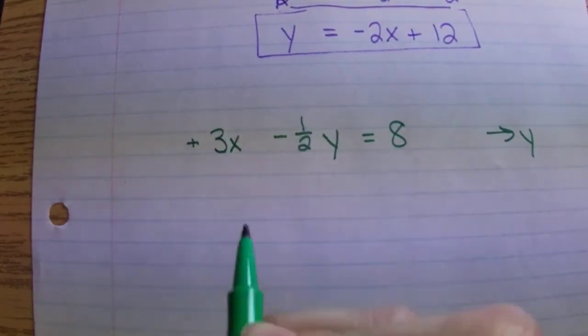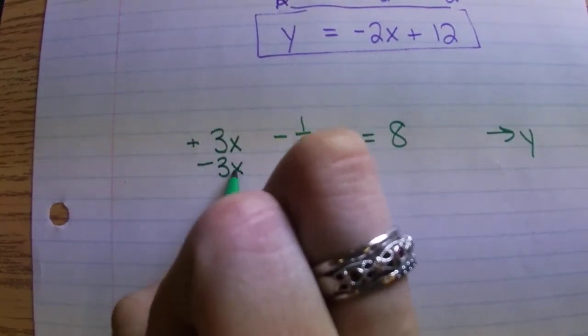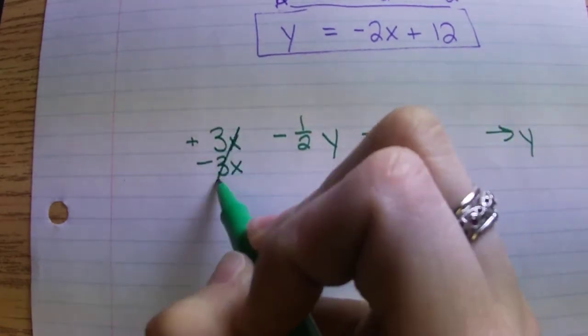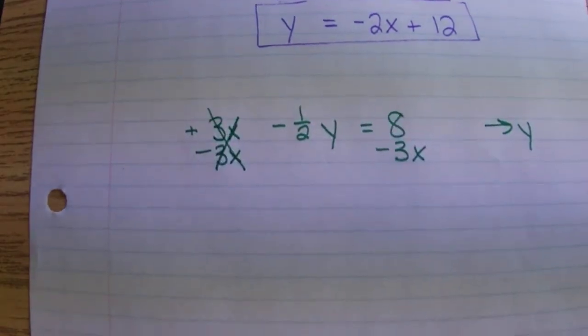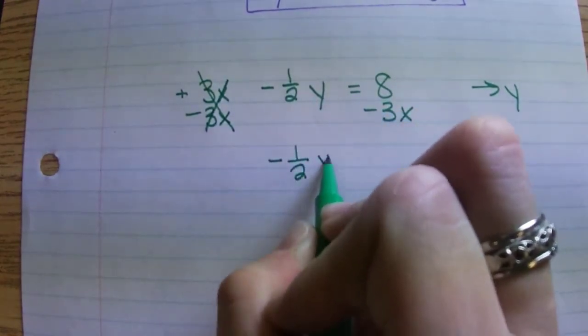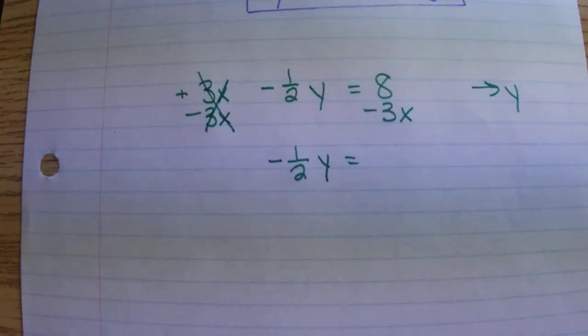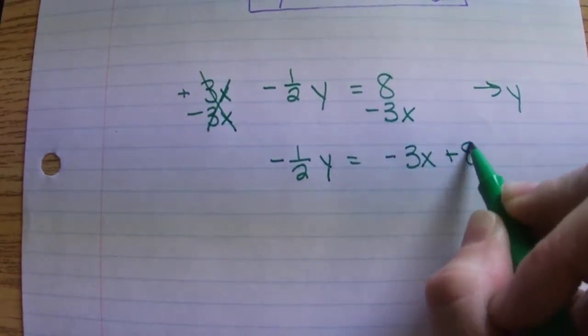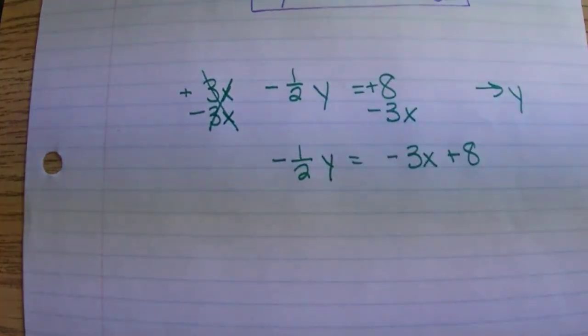This 3x is positive, so I'm going to undo that with a negative, subtracting that from both sides. That's going to leave me with a negative 1/2 y equals a negative 3x plus 8, because that 8 is positive.